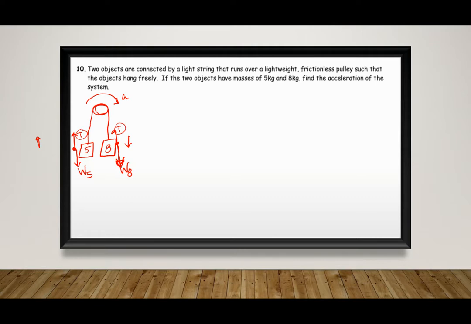So there are actually two different ways to look at this problem. The first way to look at this problem is we can find the sum of the forces on object 8, which is the mass of 8 times acceleration. And then we have the sum of forces is equal. So the sum of forces on object 8 going in the direction of the acceleration is weight 8. So mass 8 times acceleration due to gravity times g minus tension.